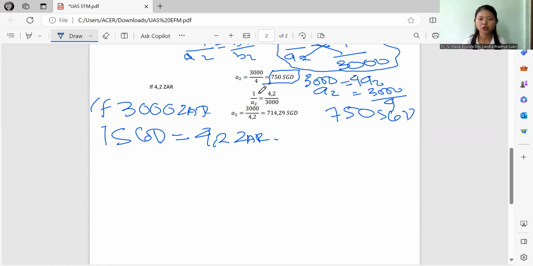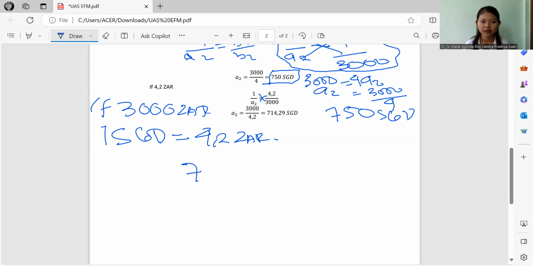Then use cross multiplication, and we will get A2 equal to 3,000 divided by 4.2 equal to 714.29 SGD.